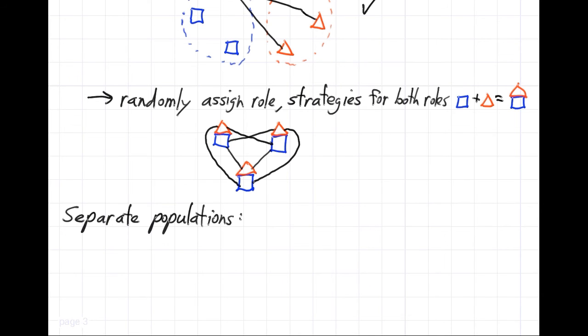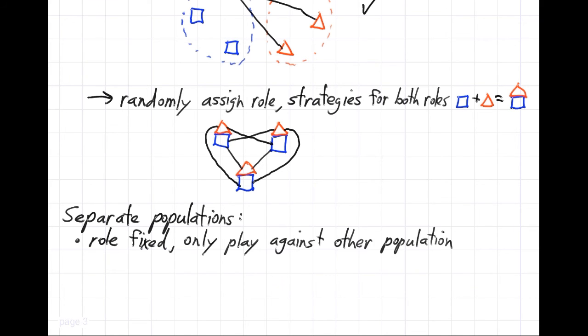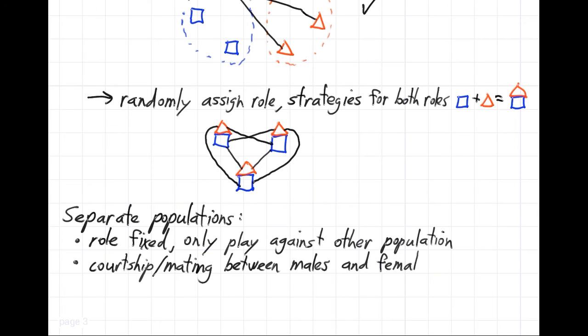So let's look at the case of separate populations in a little bit more depth. As we mentioned, in this case, the role of the players is fixed, and they only play against the other population. If you're looking for an example, it could be something like courtship or mating between males and females.